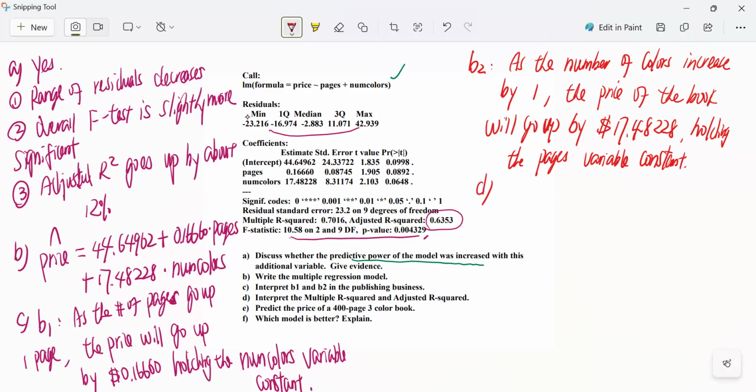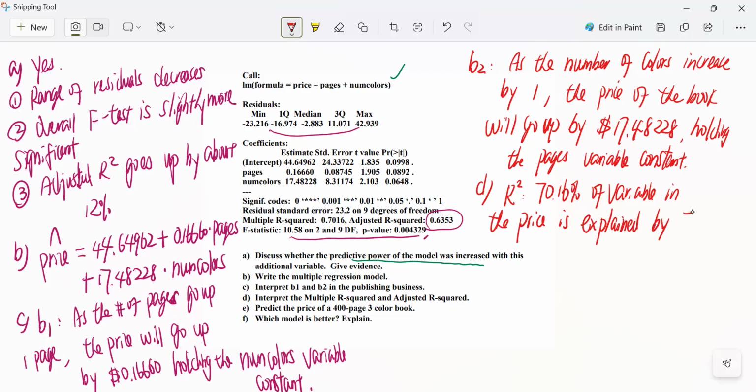Then again, multiple R square. 70.16% of the variations in the price of the textbook is explained by the multiple linear regression model.